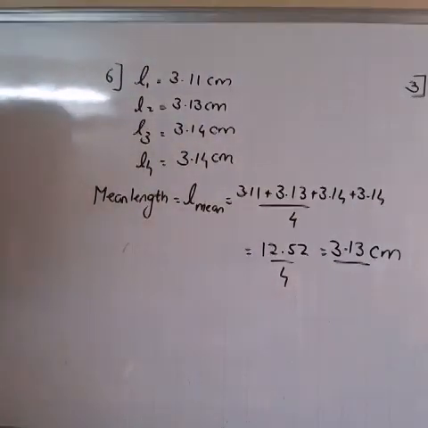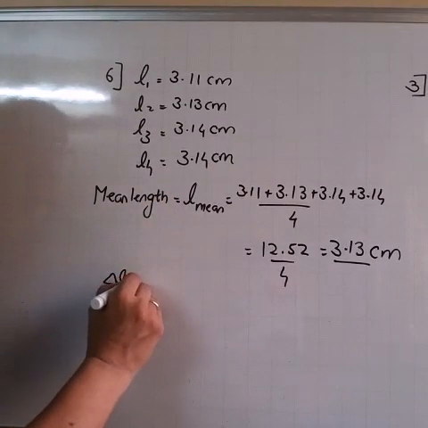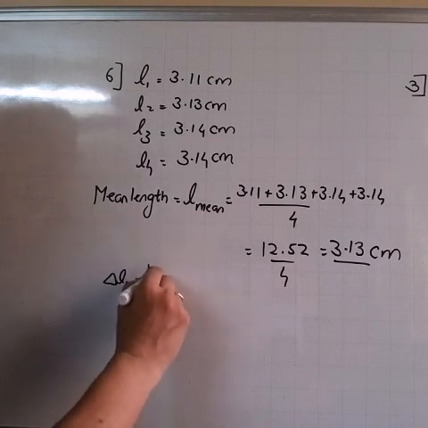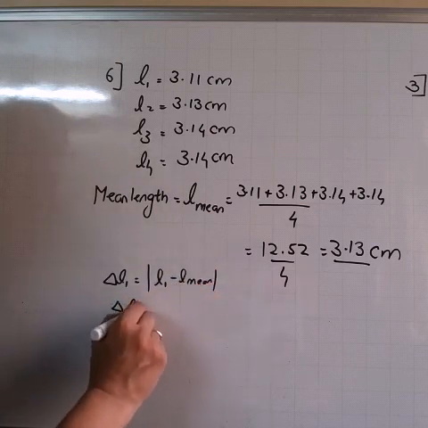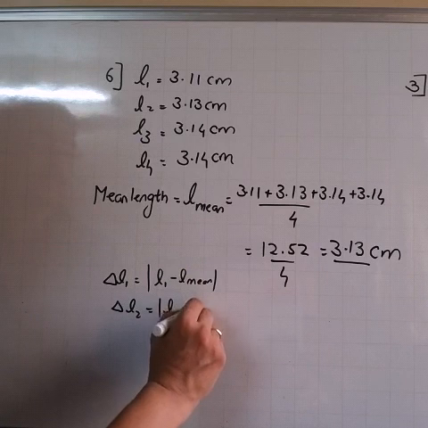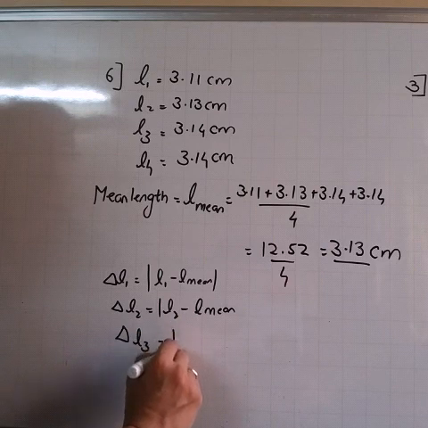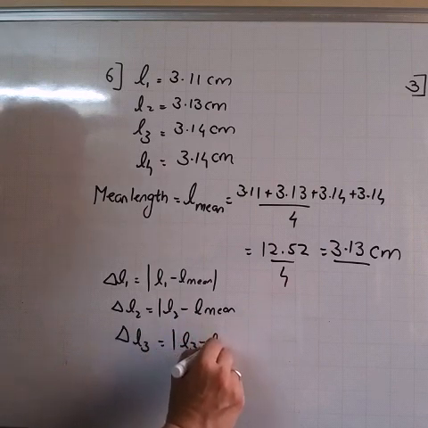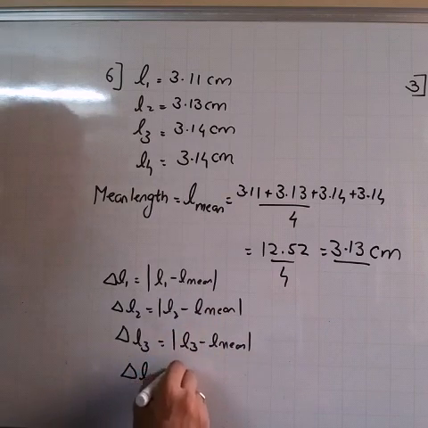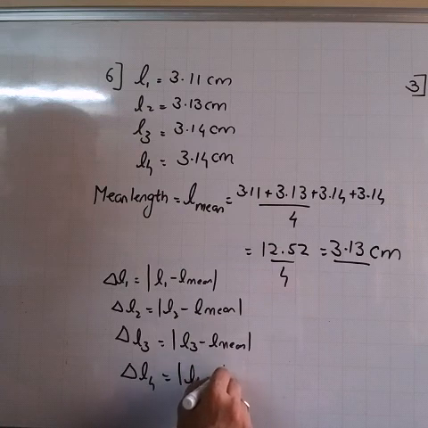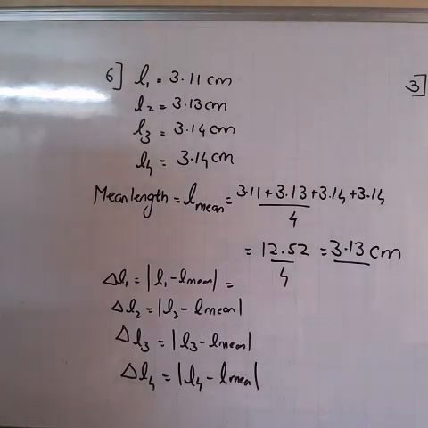Now I will find delta L1, which is the modulus of L1 minus L mean. Delta L2 is L2 minus L mean, delta L3 is L3 minus L mean, and lastly delta L4 is L4 minus L mean. The modulus sign indicates that all the values will be taken as positive.